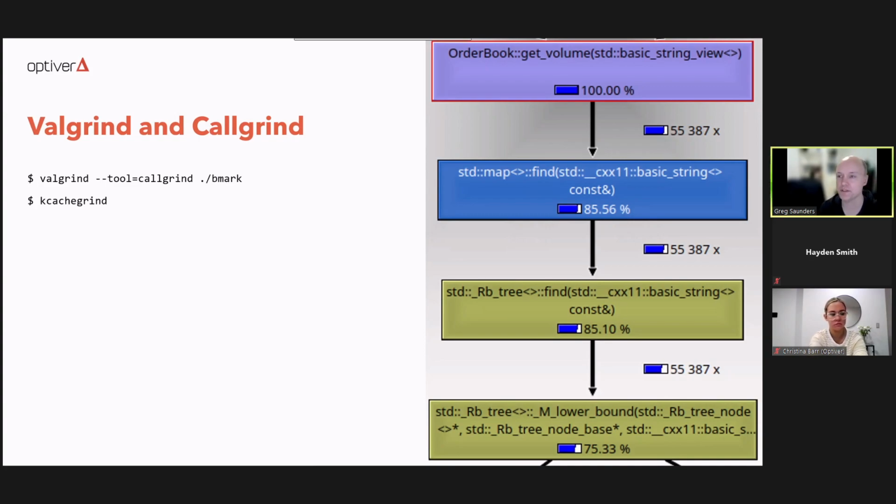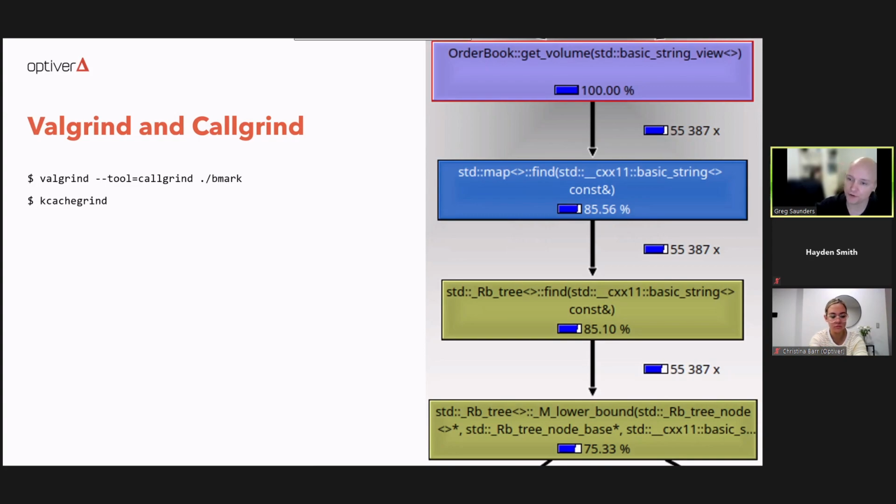So what can we see from the call graph on the right-hand side? Well, 85% of the time that get volume spends running, it is spending in the find method of the map class.